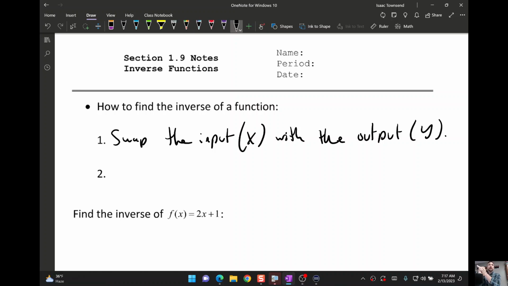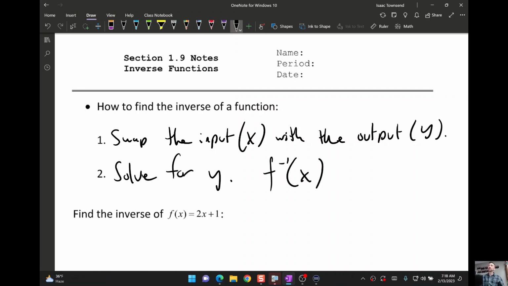None of that stuff that we did do you have to remember for this lesson, though. It's just that when we did it with trig, the input was theta and the output was a ratio, an angle and a ratio. So when you switch that, that's when you get an inverse function. After you switch x and y, then you want to solve for your new y.